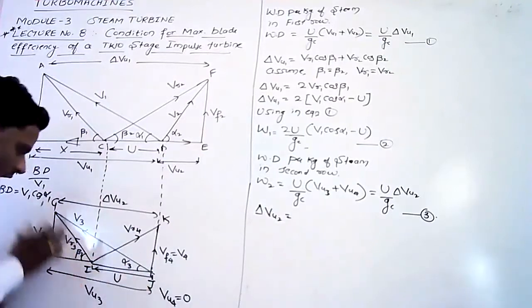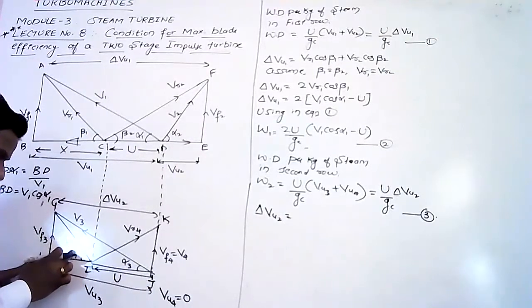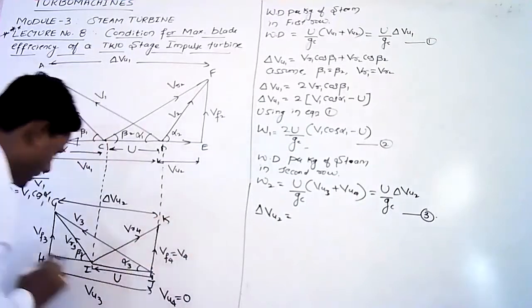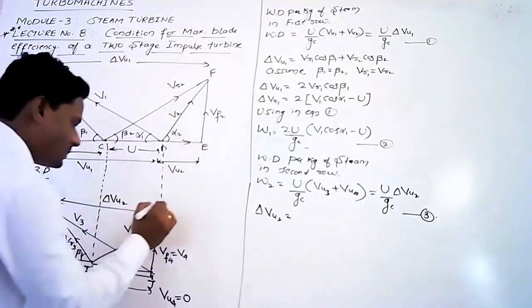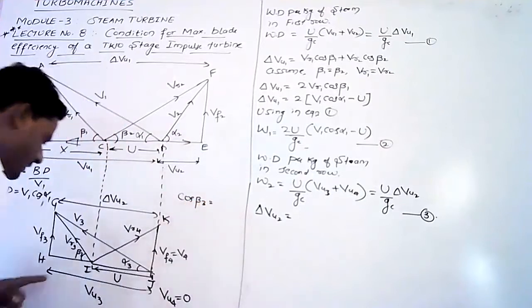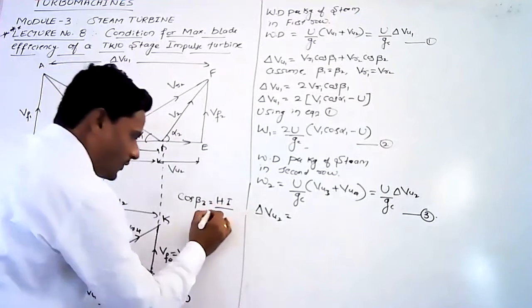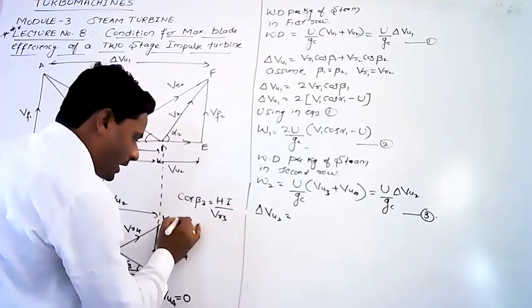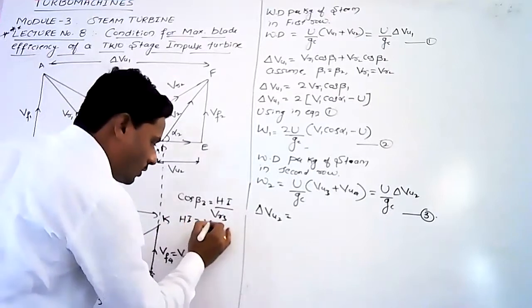How to write the HI? HI is VR3 cos beta 3. See here. From the triangle GHI, cos beta 3 equals base HI divided by hypotenuse VR3, or HI equals VR3 cos beta 3.